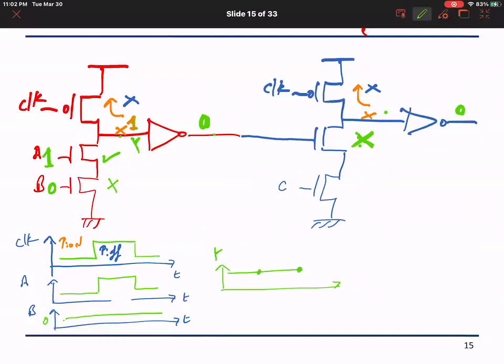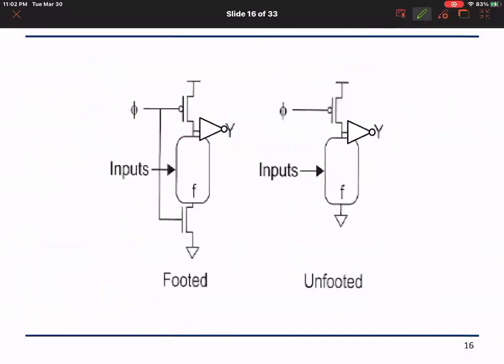Okay, so this is why we call it domino logic. It helps things propagate through the stages. The final output of every stage of the domino logic is either 0 or 1 during the evaluate.